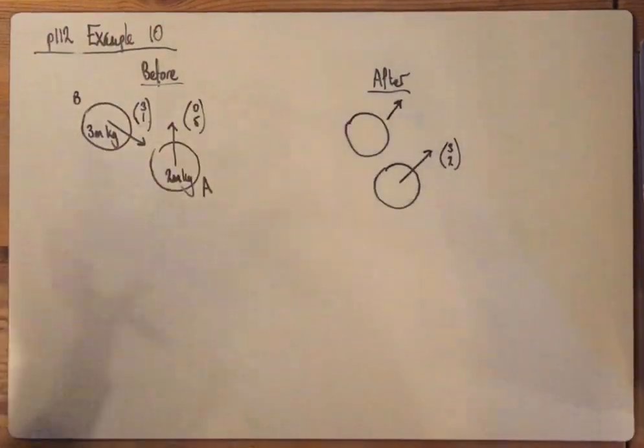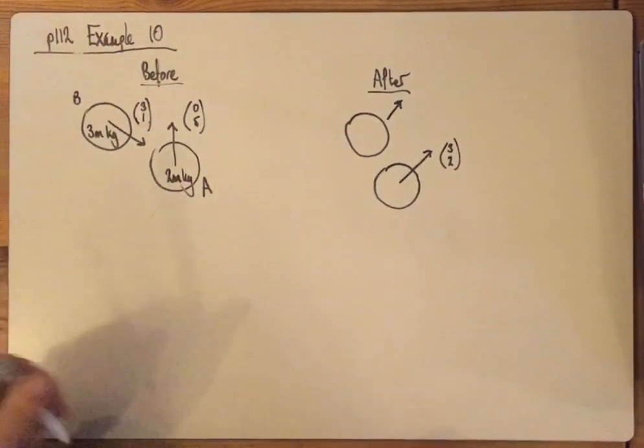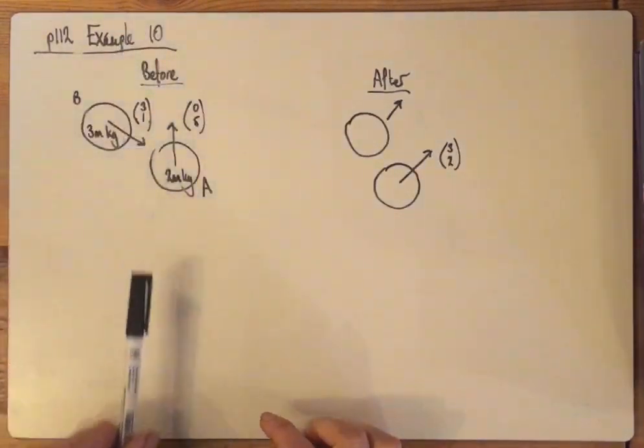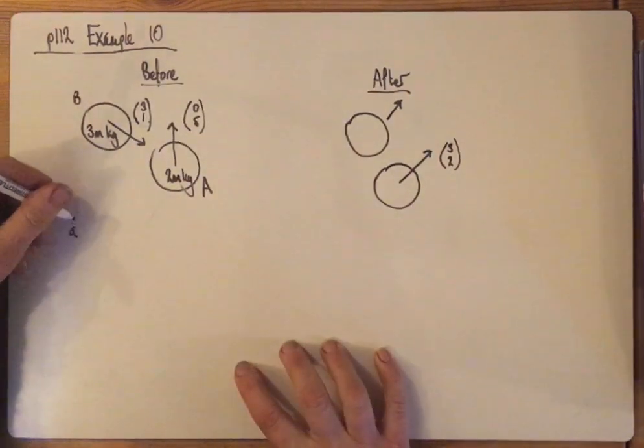And then at that point you could get in a bit of a muddle with it all, because the line of impact isn't parallel to either the vertical or horizontal axis. So unless that's stipulated, you can assume it won't be. But we're looking for the speed of B after the collision.